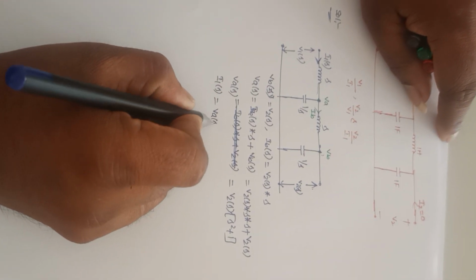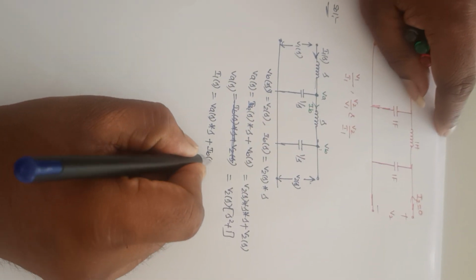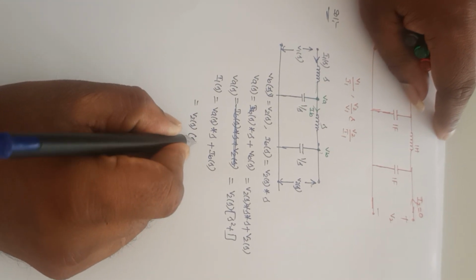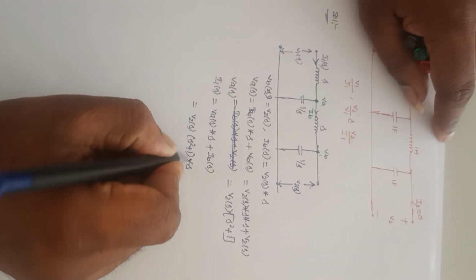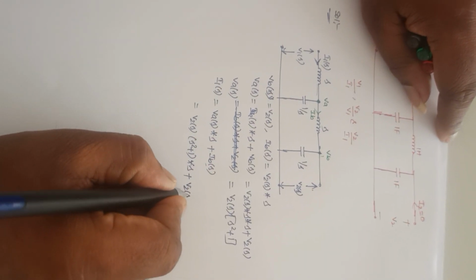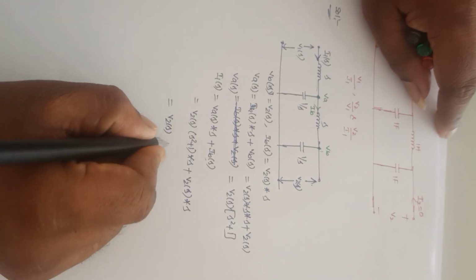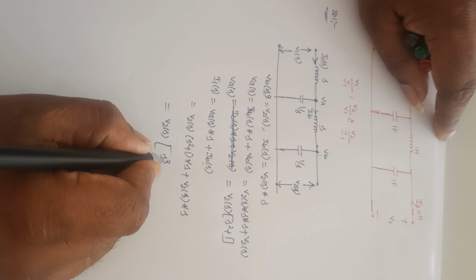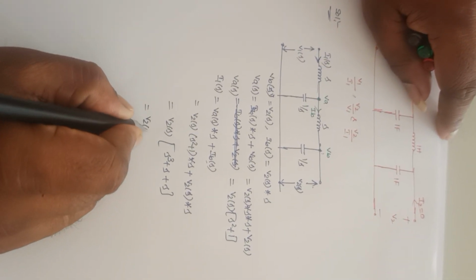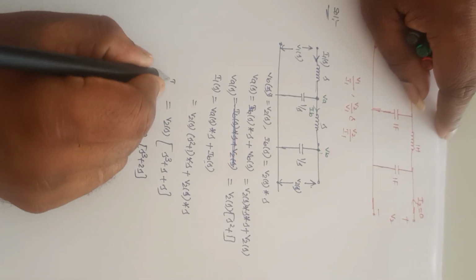So VA of S into S plus IB of S. VA of S is V2 of S into S square plus 1, into S, plus IB of S, which is V2 of S into S. Taking V2 of S common, it is S cube plus S plus S, so V2 of S into S cube plus 2S. So this is I1 of S.